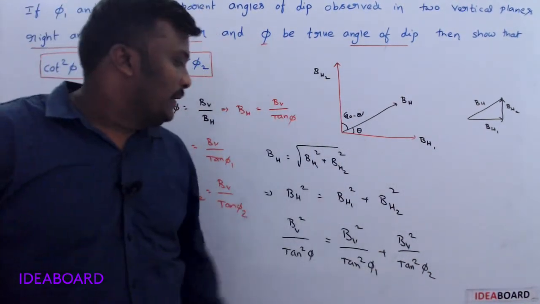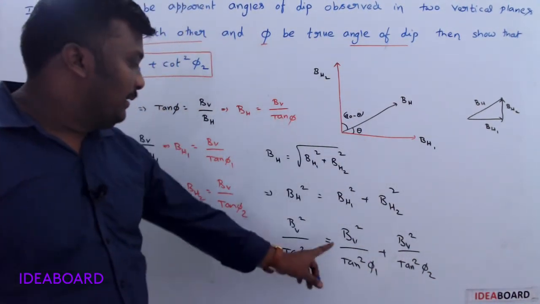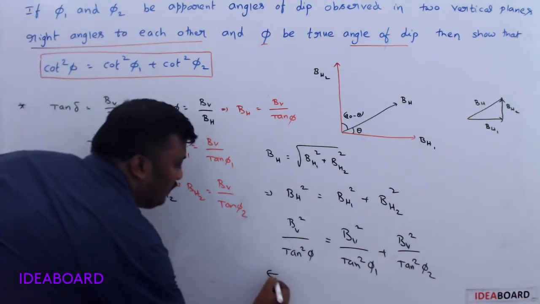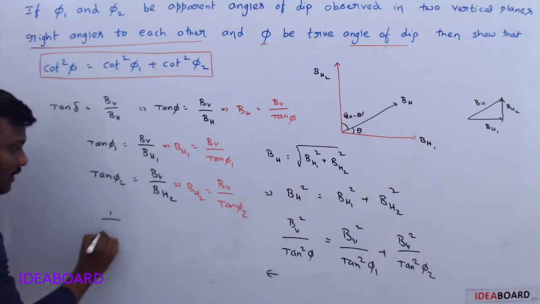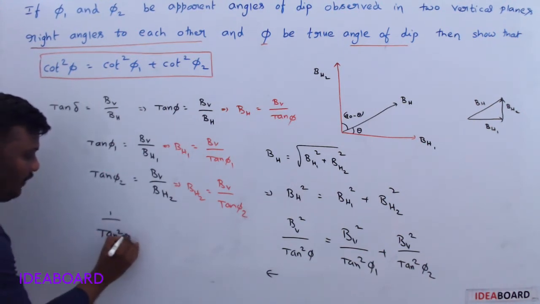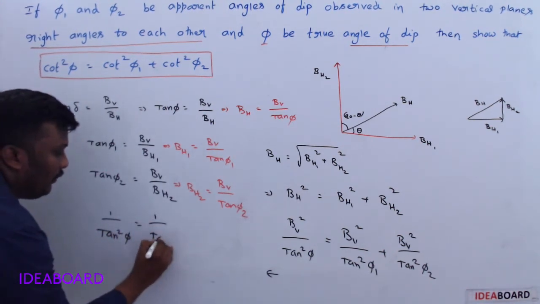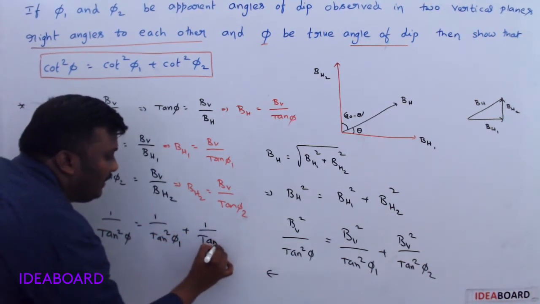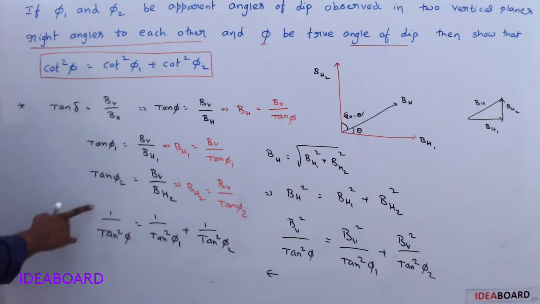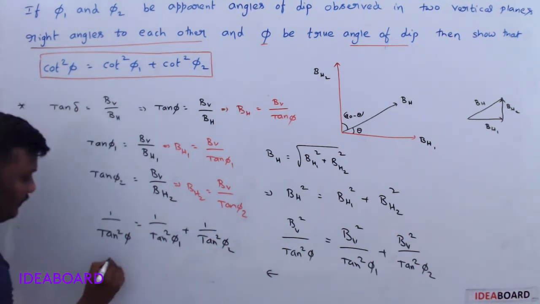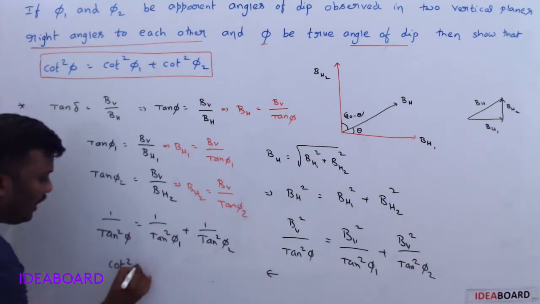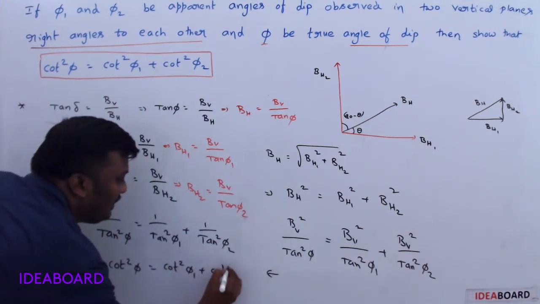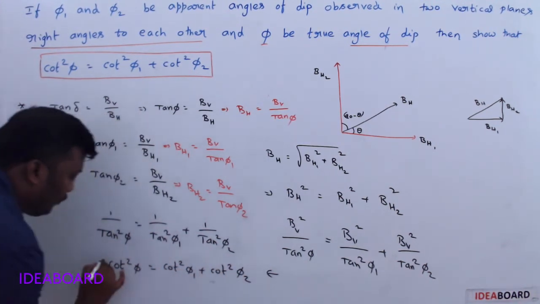BV square is common, so BV square cancels. Then we get 1 by tan square phi is equal to 1 by tan square phi 1 plus 1 by tan square phi 2. 1 by tan is nothing but cot. So cot square phi is equal to cot square phi 1 plus cot square phi 2.